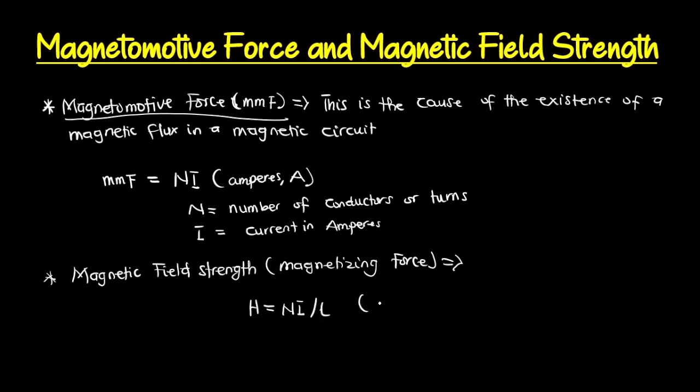and the unit is ampere per meter. Now let's explain the terminologies over here. So the H is the magnetic field strength, or the symbol for magnetic field strength.